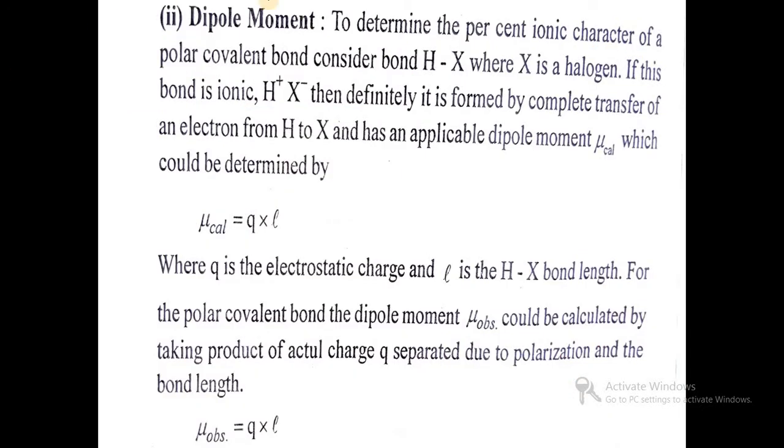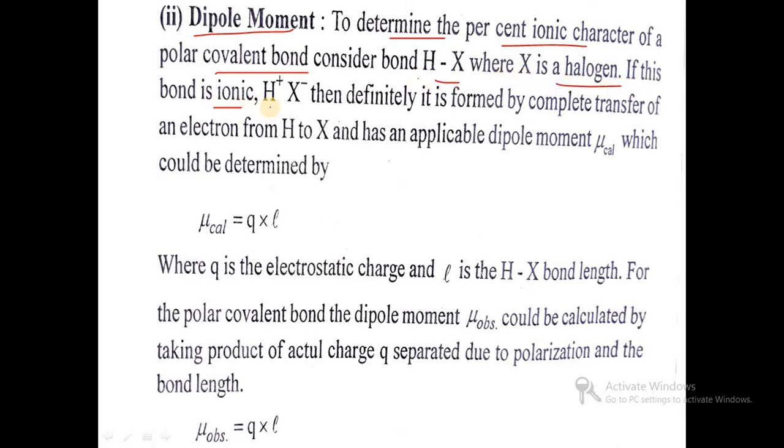Then the second parameter is the dipole moment. In the last video we discussed the details about the dipole moment. To determine the percent ionic character of a polar covalent bond, consider bond H-X, where X is a halogen.